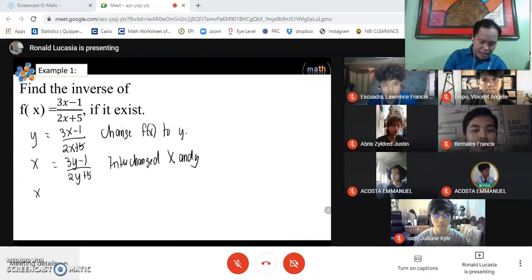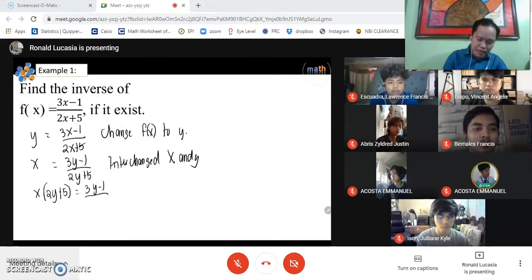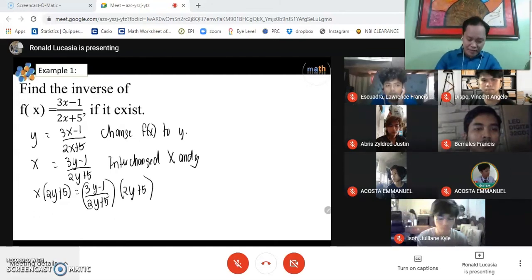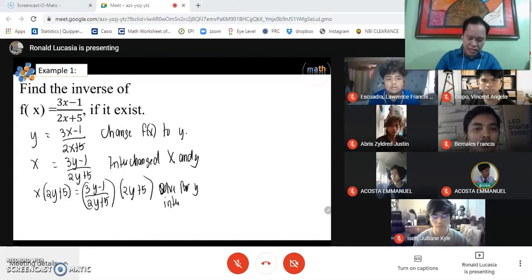So we have there x equals 3y minus 1 all over 2y plus 5. So we have there the LCD as 2y plus 5. So solve for y, sorry for that, in terms of x.